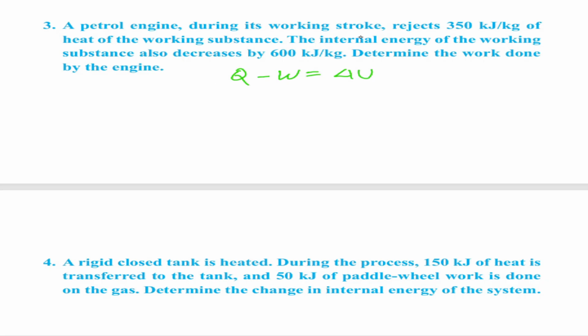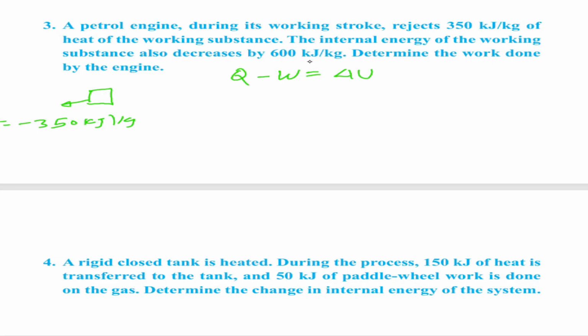Here it is given that heat is rejected by the system. When heat is rejected, it is taken negative, so Q is minus 350 kilojoule per kg, because this is rejecting heat.